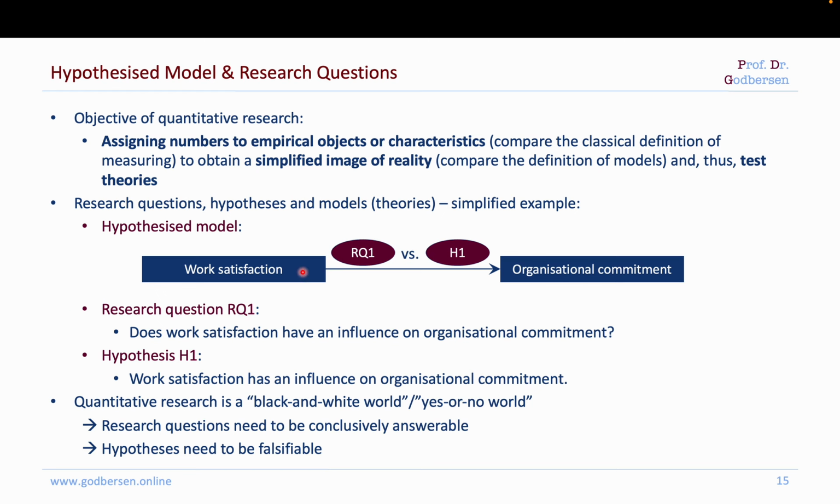If I'm quite dissatisfied, my commitment should be rather low. And that is what we want to test with empirical research. The research question in this case would be, does work satisfaction have an impact on organizational commitment? We could also formulate a hypothesis, which would be, work satisfaction has an influence on organizational commitment.